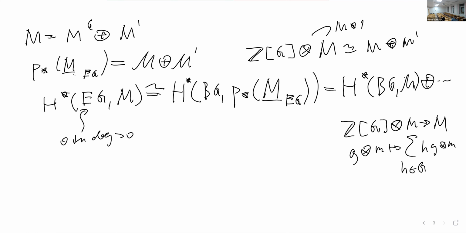Okay, let's erase this part and leave this as an exercise. So the direct image has this form, and what M prime is we don't know, but it's easy enough to figure out or to find in some book about group homology.